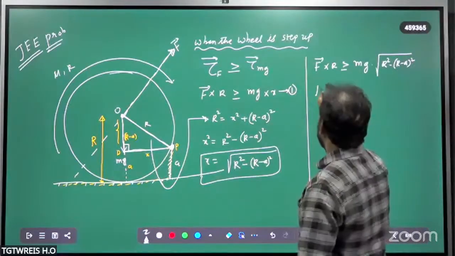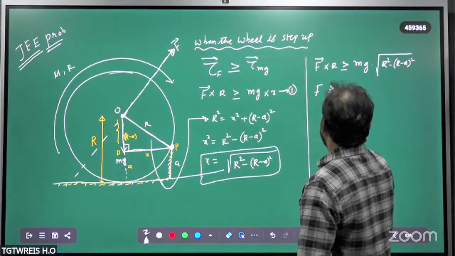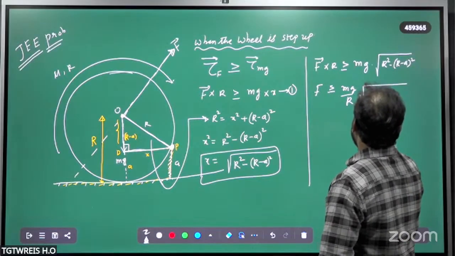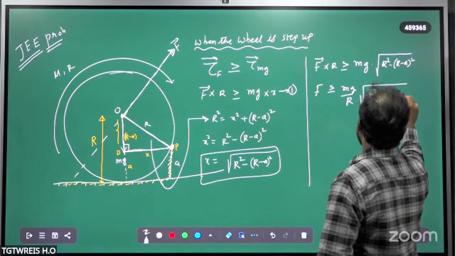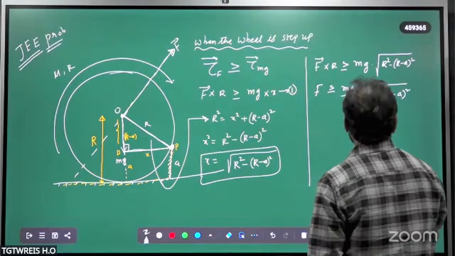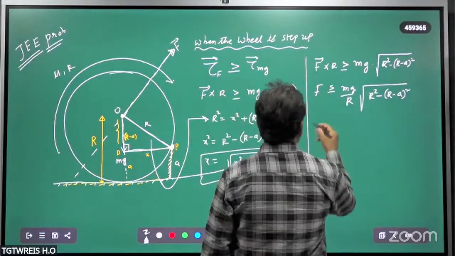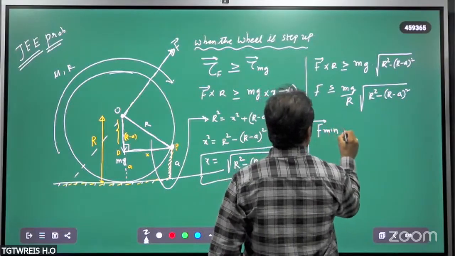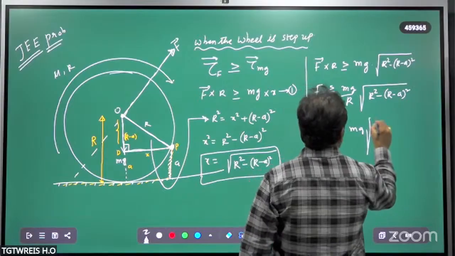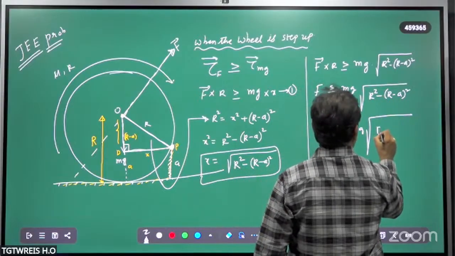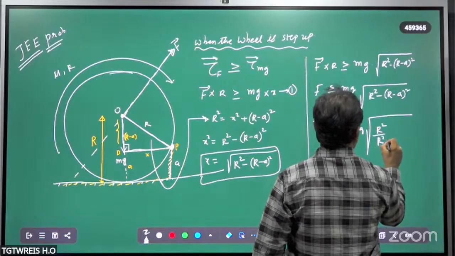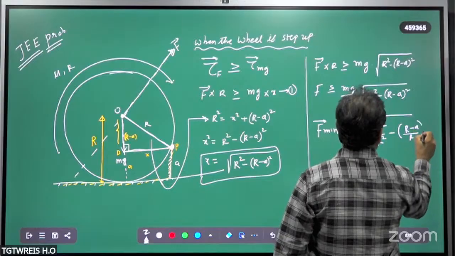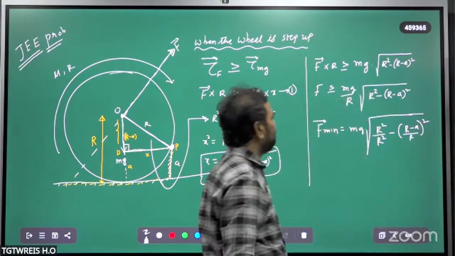So F is greater than or equal to mg upon r into root over r square minus r minus a whole square. And F minimum is mg into root over r square minus r minus a whole square, upon r. Is it clear?